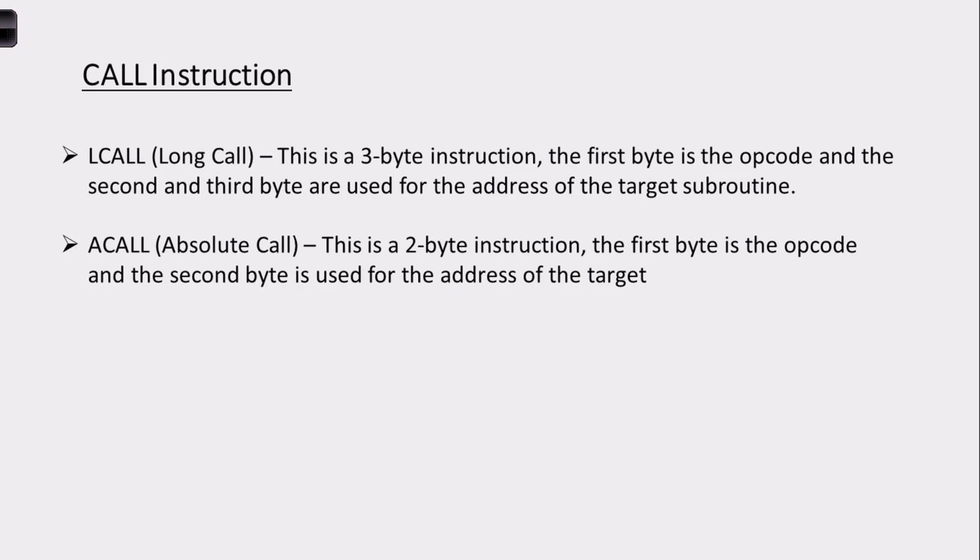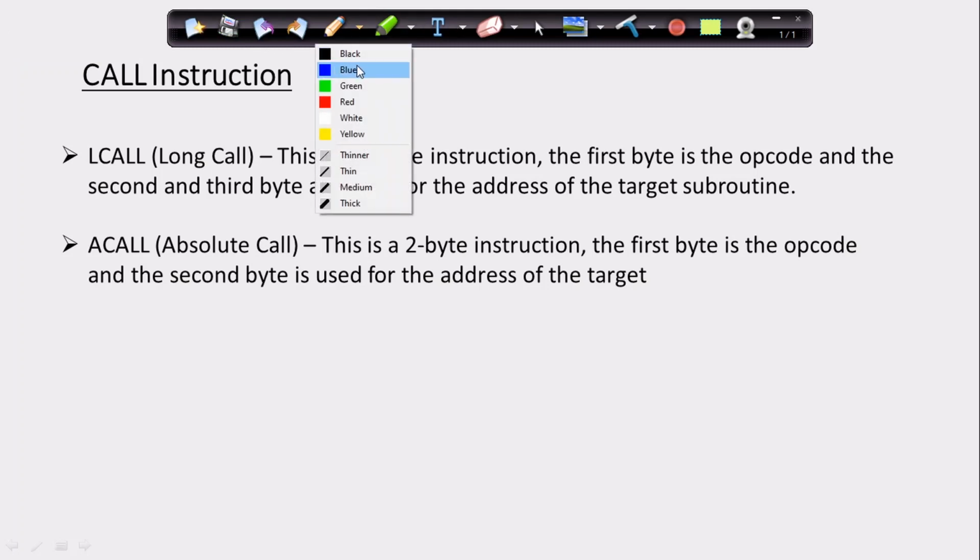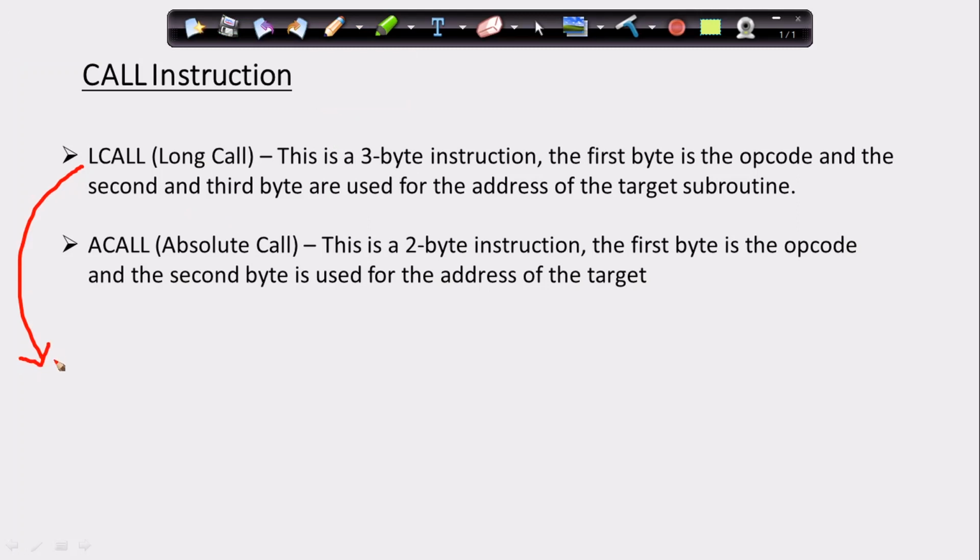Now if you take a look at our long call, since it is a 3-byte instruction, out of the 3 bytes, 1 byte is for the opcode, and the other two bytes are for the address of the target subroutine.